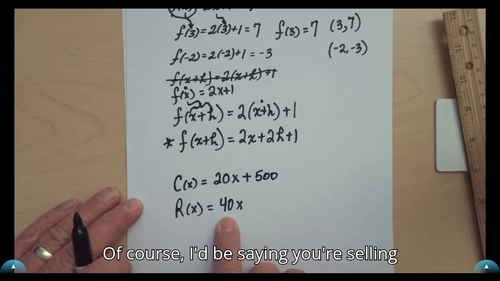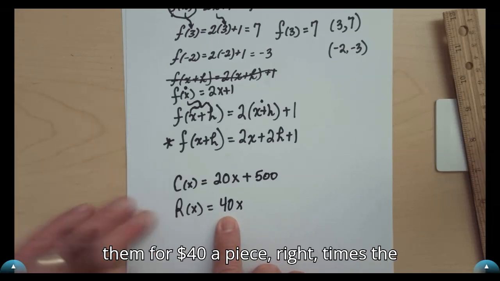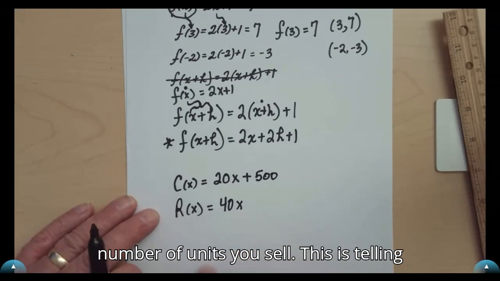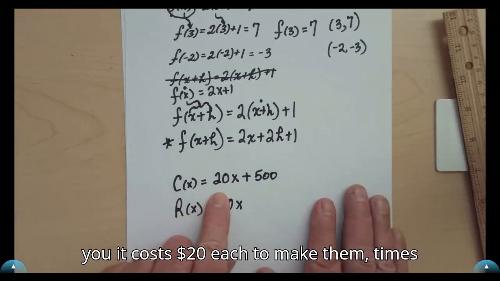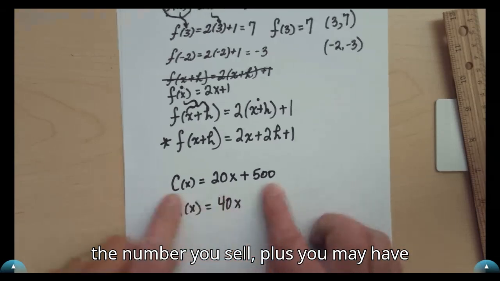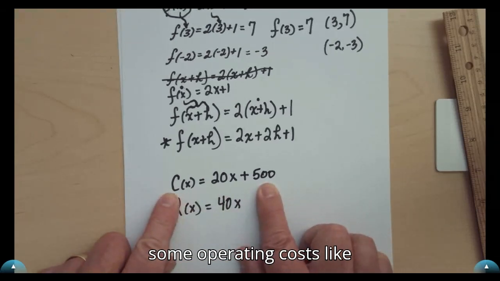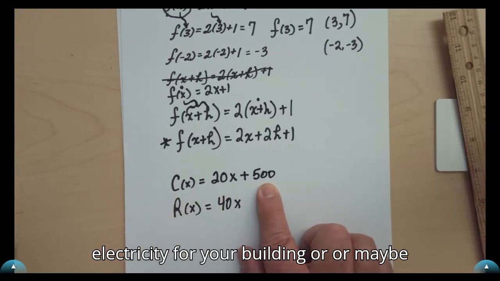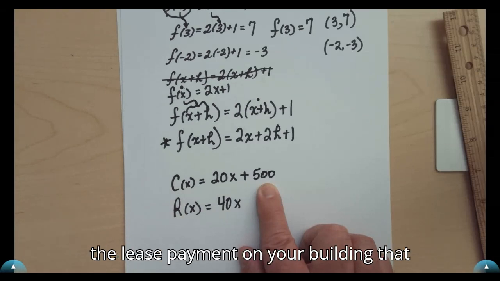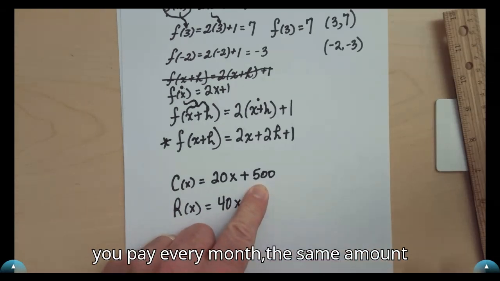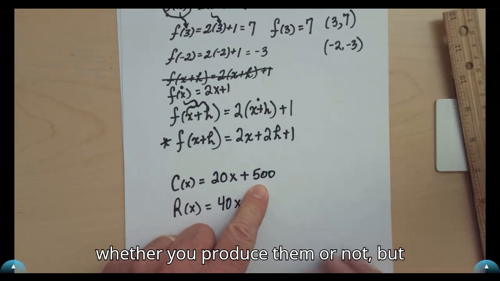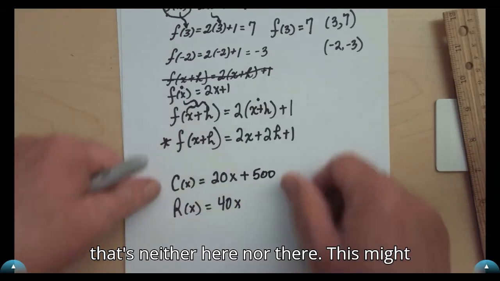Of course, I'd be saying you're selling them for $40 a piece, right? Times the number of units you sell. This is telling you it costs $20 each to make them, times the number you sell, plus you may have some operating costs like electricity for your building, or maybe the lease payment on your building that you pay every month, the same amount whether you produce them or not. But that's neither here nor there.